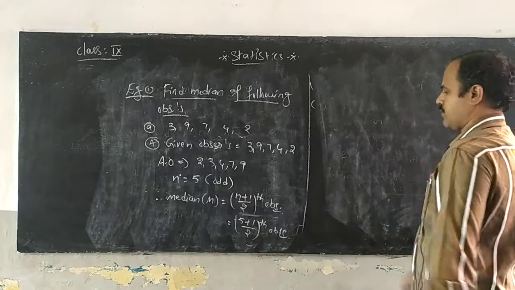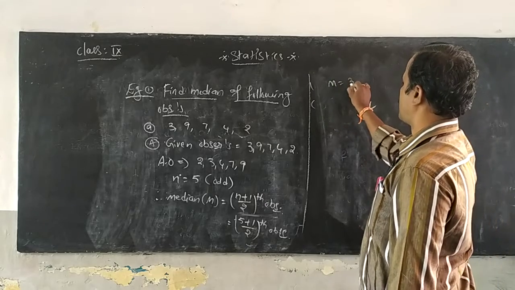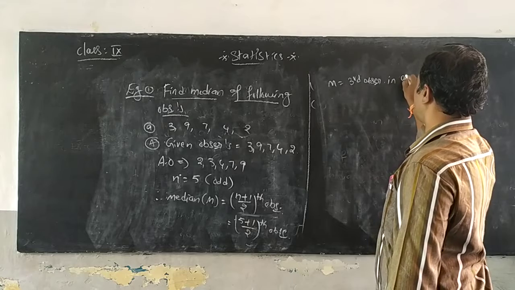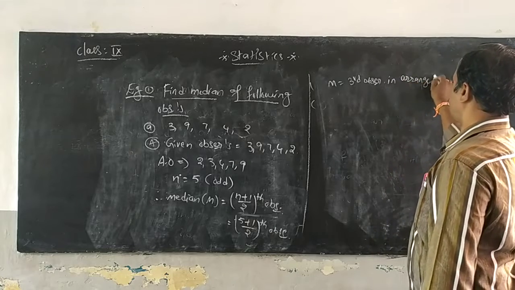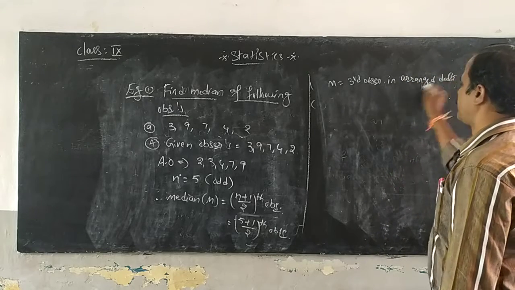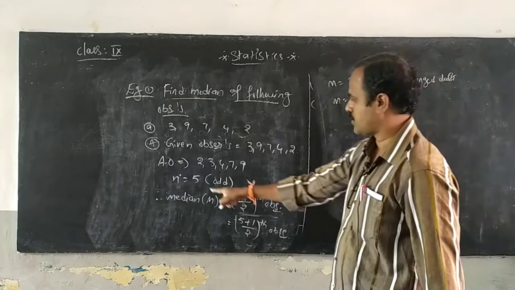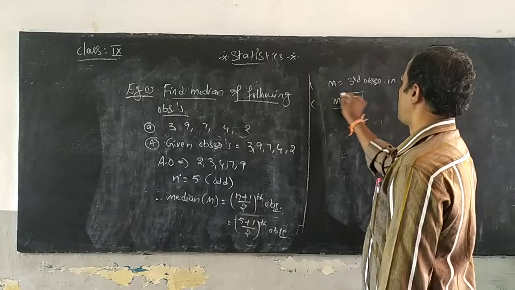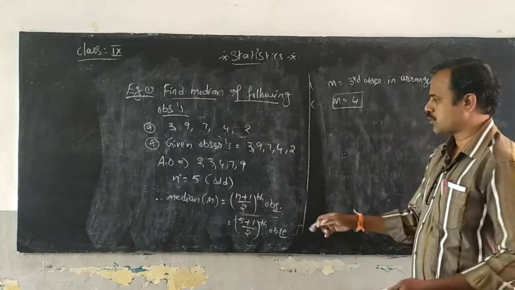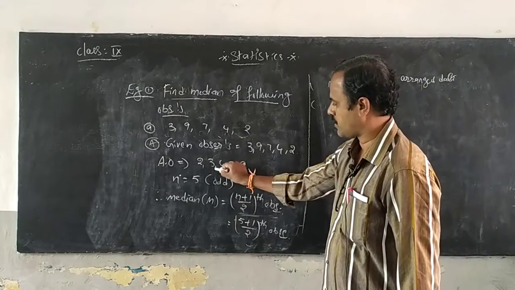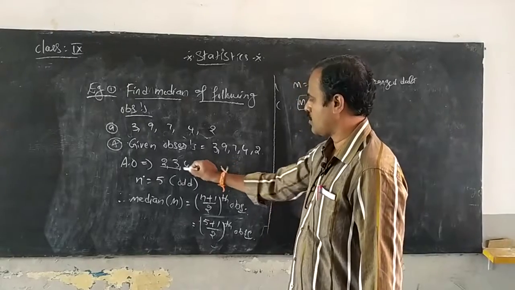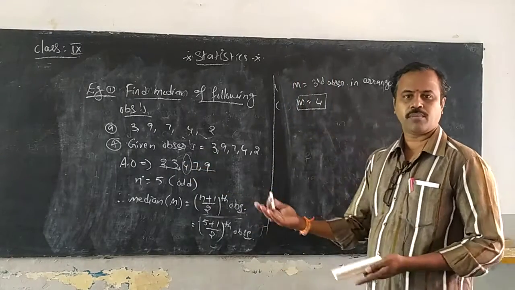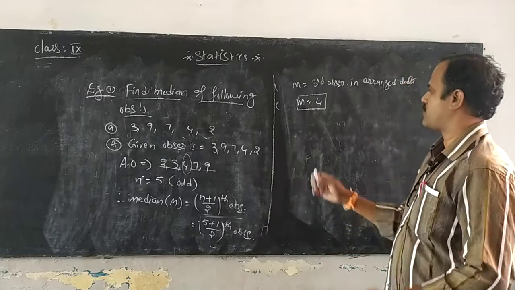So M is equal to the third observation in arranged data. What is the third observation here? 4. So M is equal to 4. This is called the middlemost observation. From the last two and the first two you have taken away the values. Who is in the middle? 4. So that is the middlemost value of the given observations.